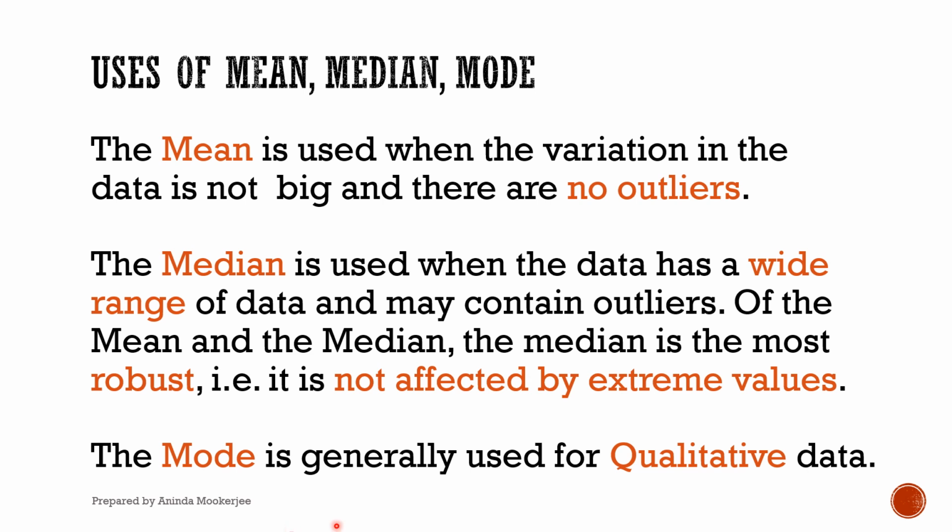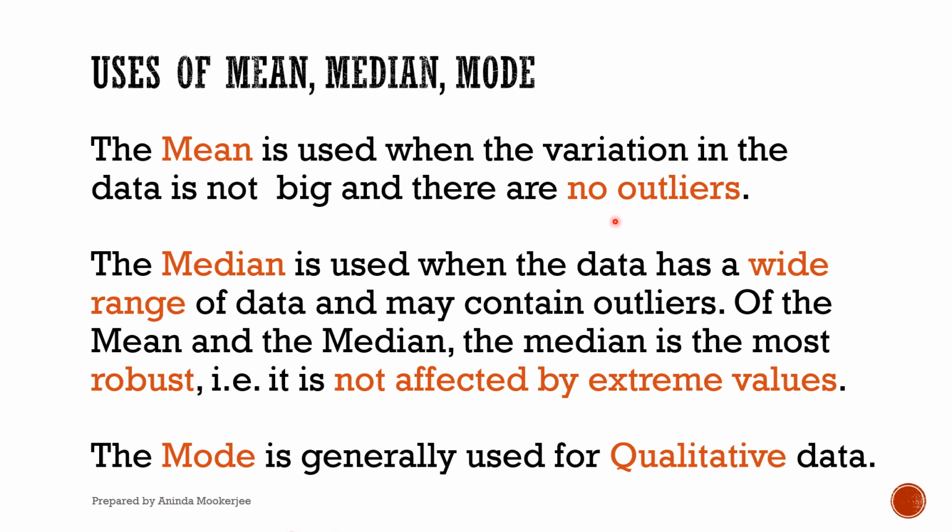We'll now discuss when to use which measure of central tendency, under what situations we would be using the different measures of central tendencies. There are certain situations where one measure of central tendency would prove more useful, more valuable than the others. All right, so let's go through this. It says the mean is used when the variation in the data is not big and there are no outliers.